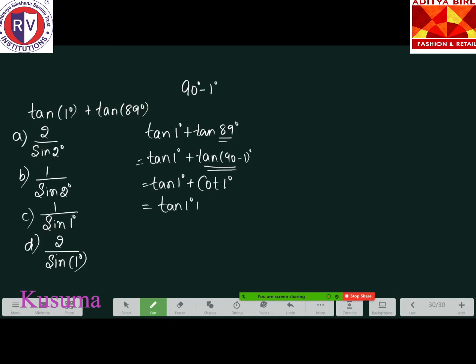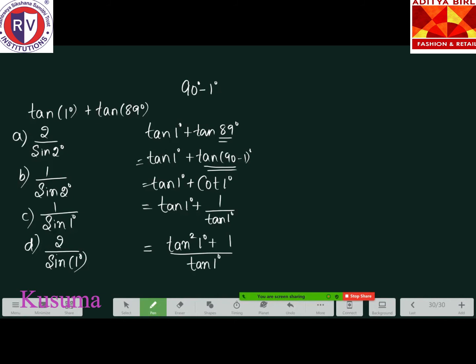So tan 1 degree plus 1 by tan 1 degree, because cot theta is 1 by tan theta. So I'll take the LCM and simplify. This will be tan square 1 degree plus 1 divided by tan 1 degree.